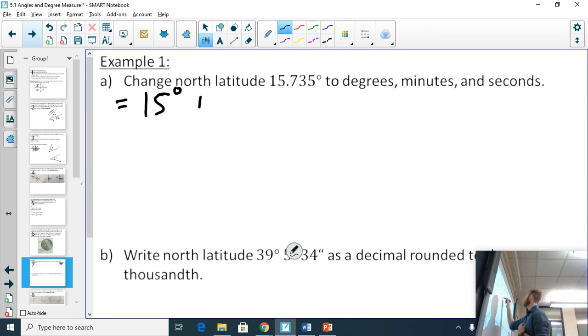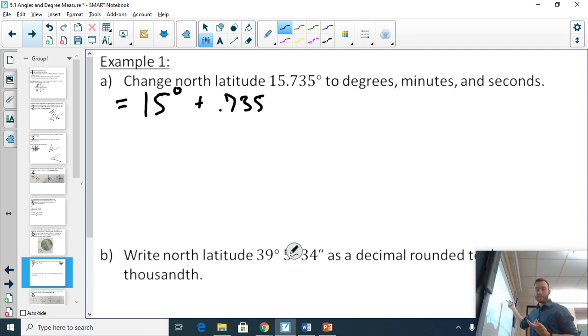So we're going to say that's the same as plus 0.735 degrees. But now, how would I change degrees to minutes? Because that's what we have to do to this 0.735. Now, if I asked you how many minutes is 15 degrees, it becomes a little more obvious, right? You would just times it by 60 since 1 degree is 60 minutes.